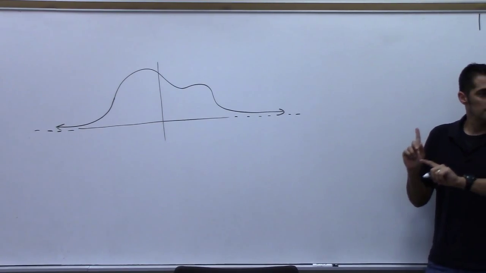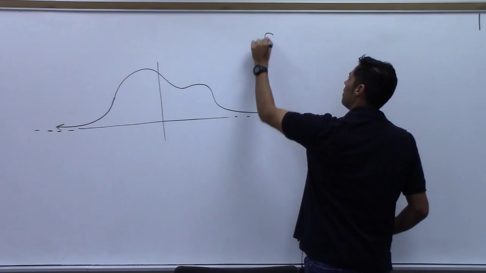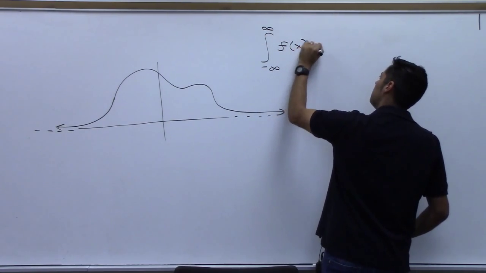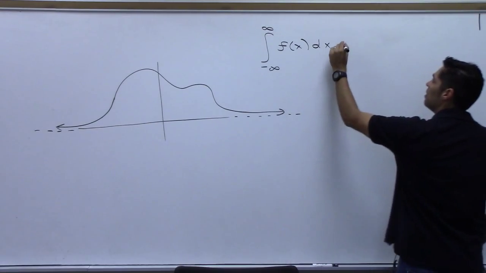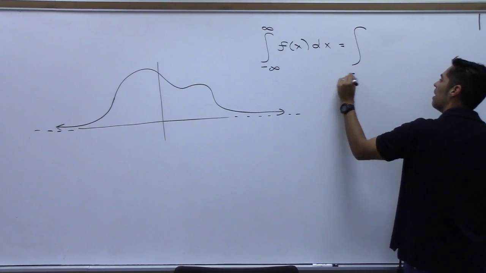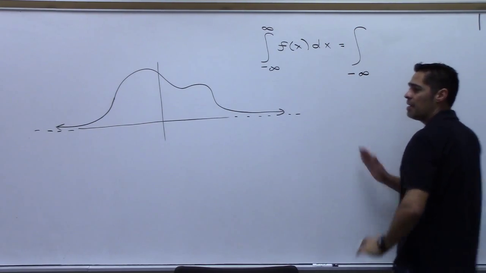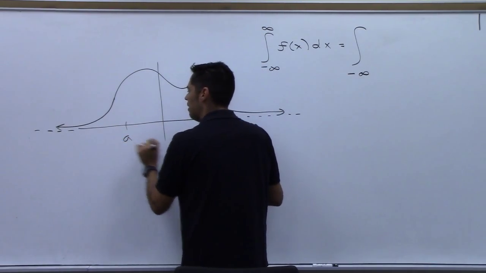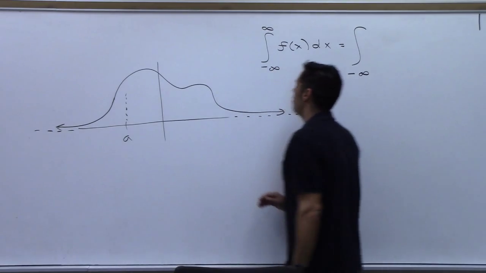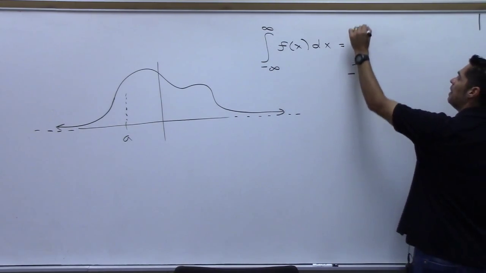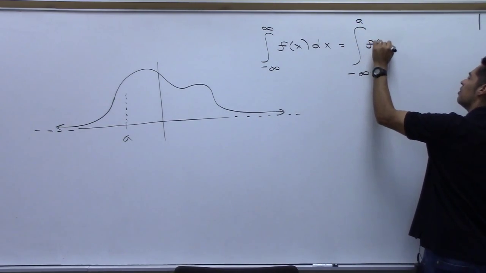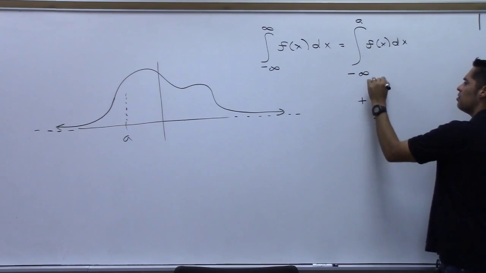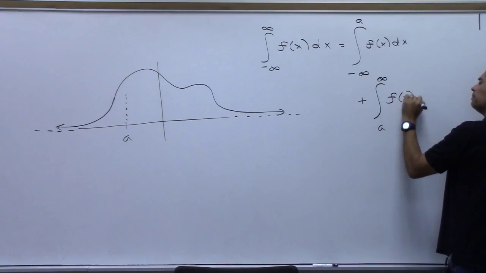What I would do, if I wanted to find the integral from negative infinity to infinity, is I would split it up into two integrals, negative infinity to a. A could be any number in here. Doesn't matter where it is. I could pick it right here, a. And I go from negative infinity to a, whatever that answer is, plus the integral from a to infinity of the function.